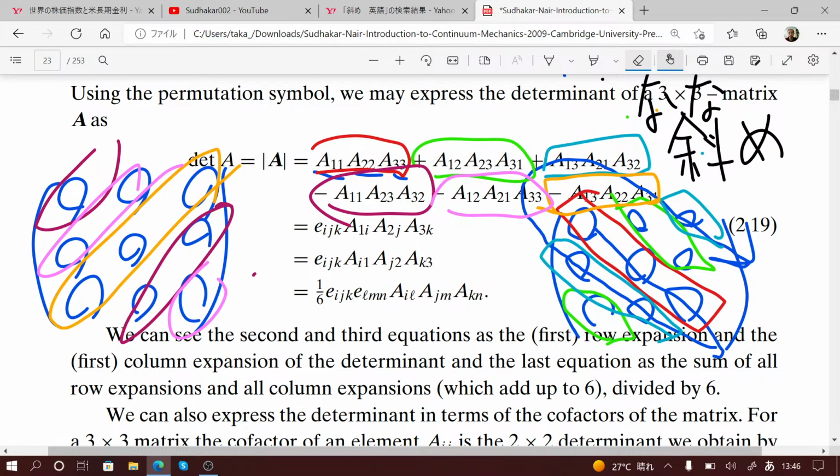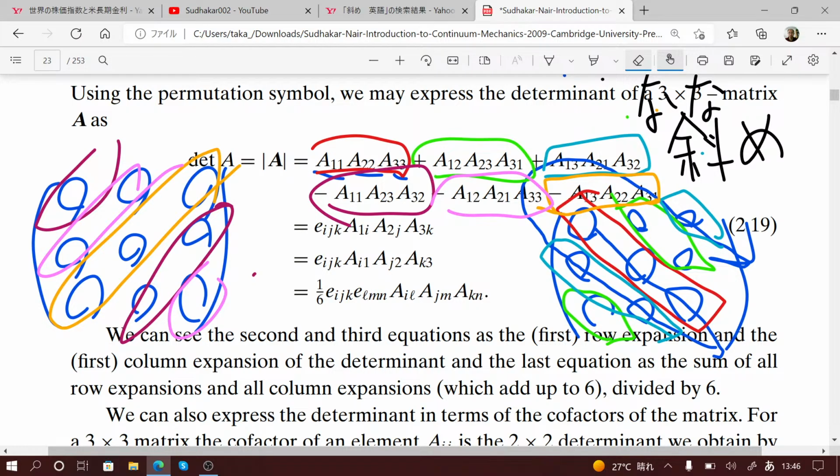So one way, the diagonal product has the sign plus. The diagonal product in the other way has a sign minus. So that's how to calculate the determinant for a 3 by 3 matrix.